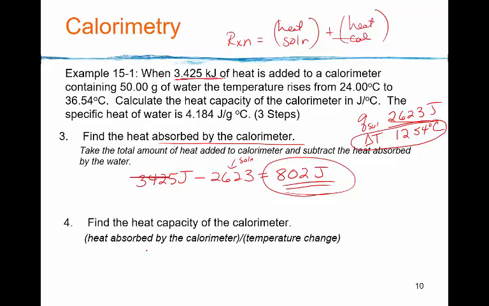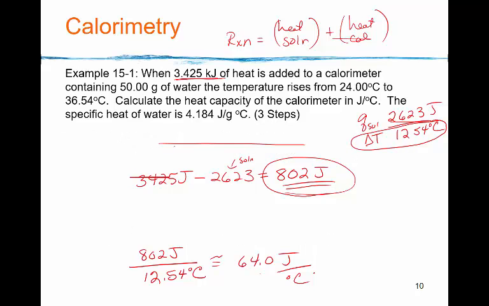So you simply say 802 joules divided by how many degrees C it changed, and you'll get approximately 64 joules per degree C. So that's how we calculated the heat capacity of the calorimeter. You do that because if you're then going to run things in the calorimeter, you already know how to calculate that, and you can subtract that from your total heat to find out what the heat of the solution was.